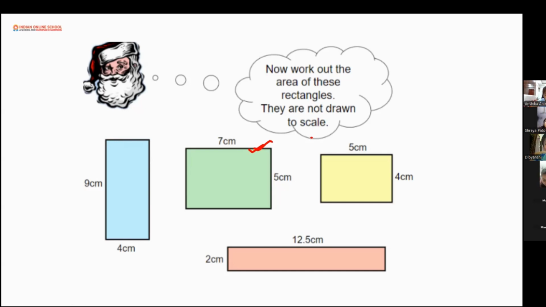Yazini, for the third one, please. What's the area of that rectangle? 5 centimeter multiplied by 4 centimeter. So what's the area?